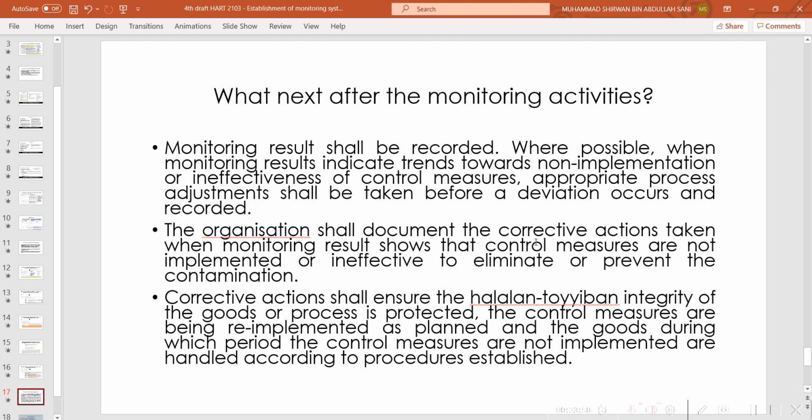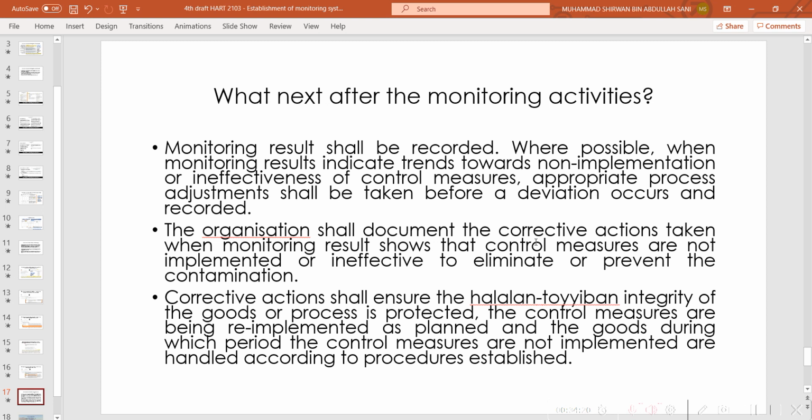And if you have an oven, for example, in a bakery, okay, you set a temperature of 100 degrees, but when you cook your product, it burns. So that indicates the 100 degree set temperature is inaccurately operated by the machine itself. So that indicates perhaps the heating mantle of the machine is having a problem.